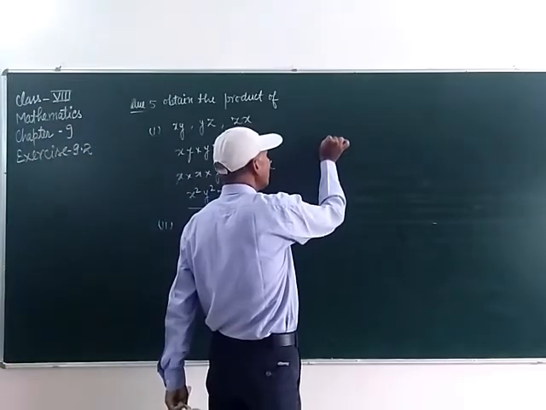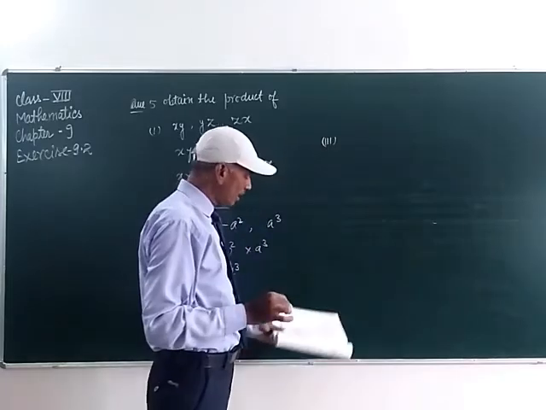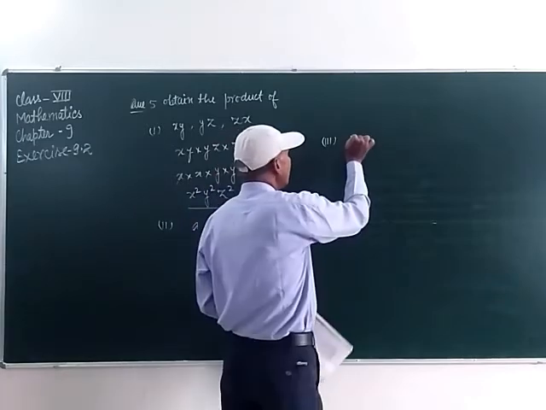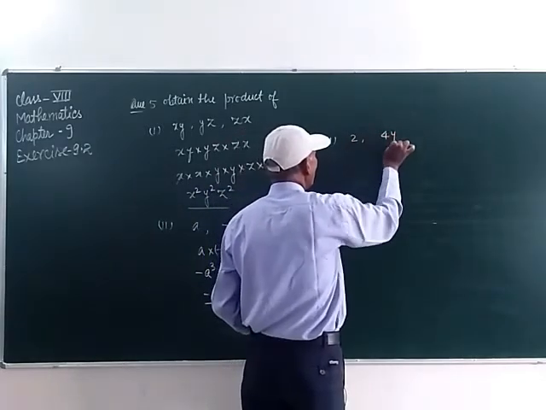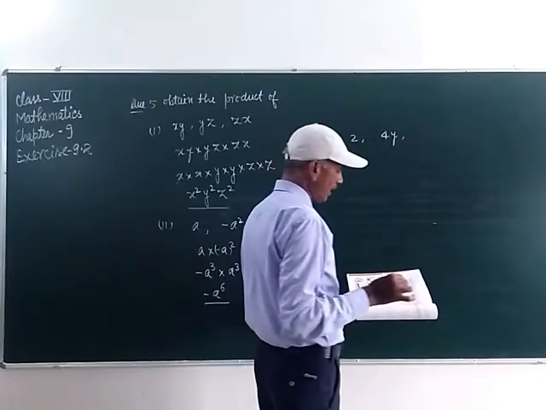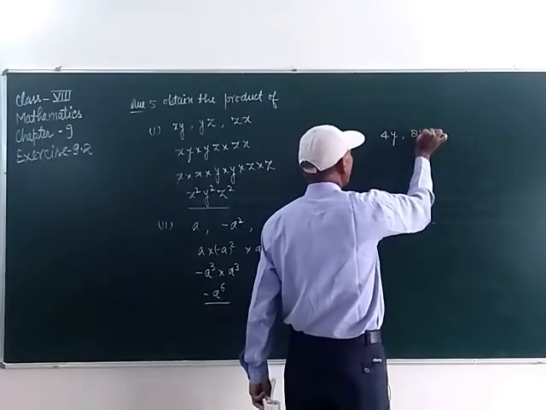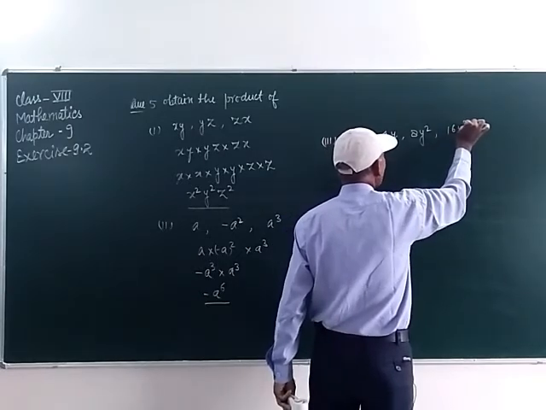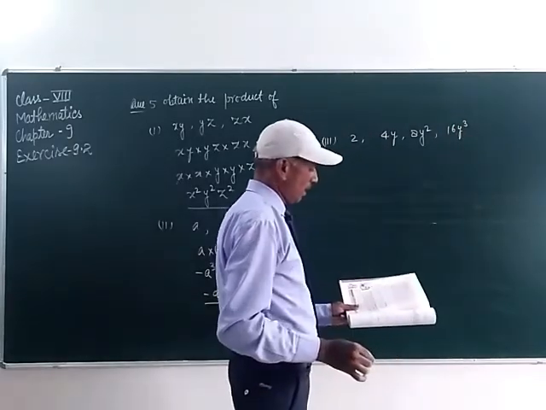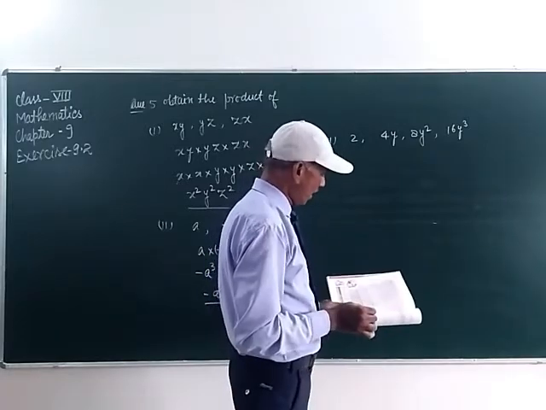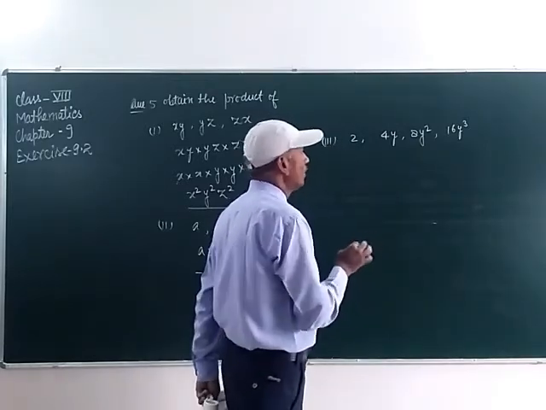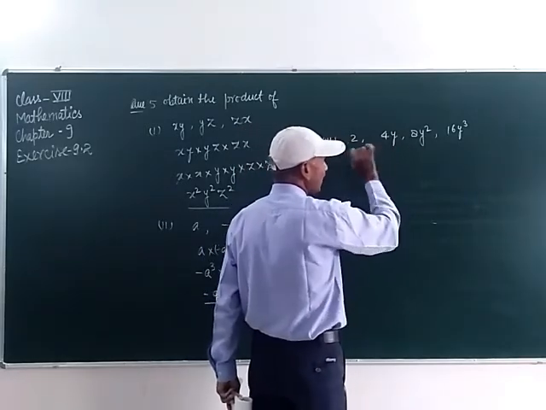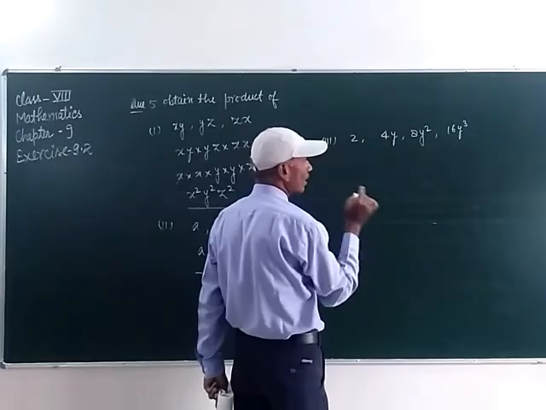Now third part of this question student, third part is 2, 4y, 8y square and 16y cube. And in this student, all parts are positive. So first of all, we have to put sign of multiplication because we are going to find out the product student.